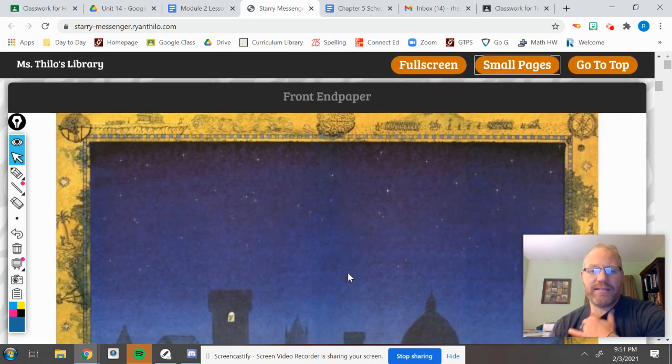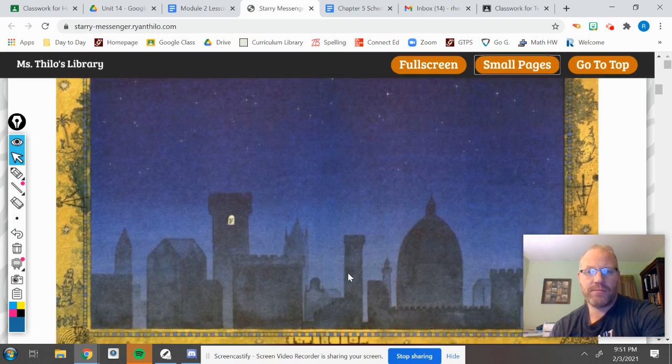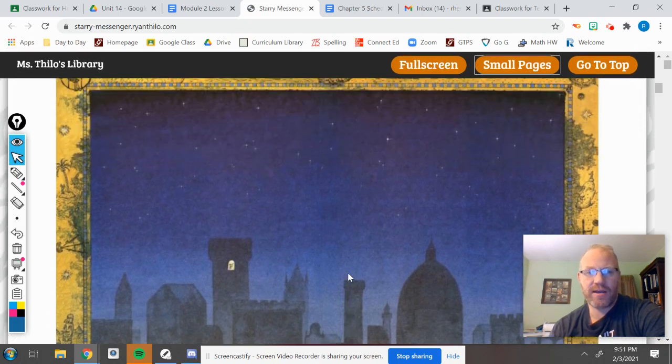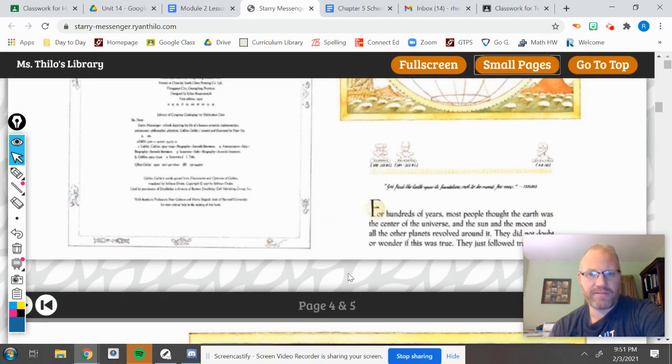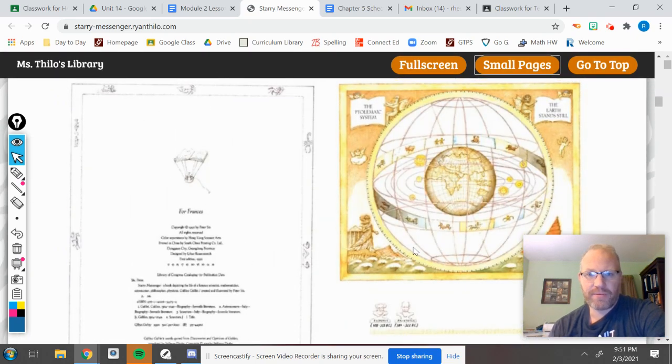Here's like inside the front cover, stars in the night sky. Page 2 and 3. Page 3 has the picture of the world, but it has a map bigger than the world, I guess you could say.